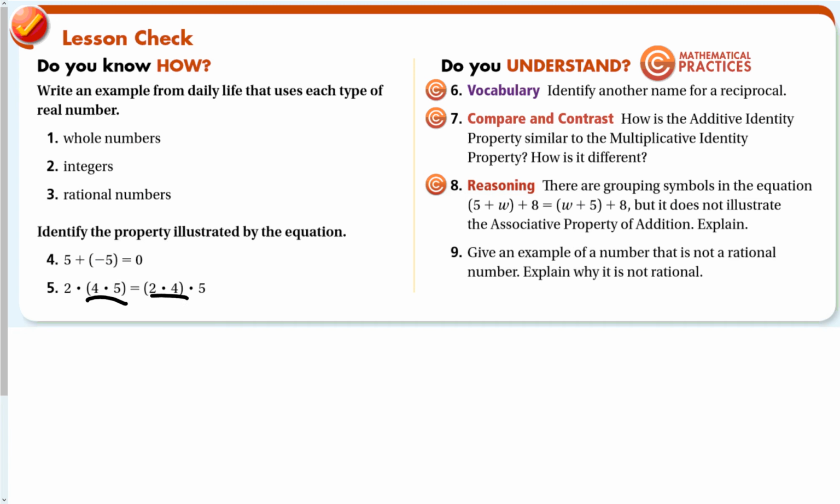Notice that what's inside the parentheses has now changed. Another name for a reciprocal is a multiplicative inverse, and that is the actual correct name. And then you could look through the rest of these. Okay, that was 1-2 properties of real numbers.